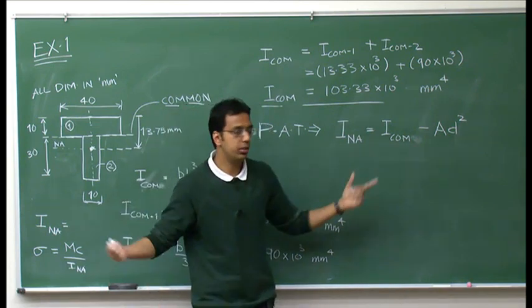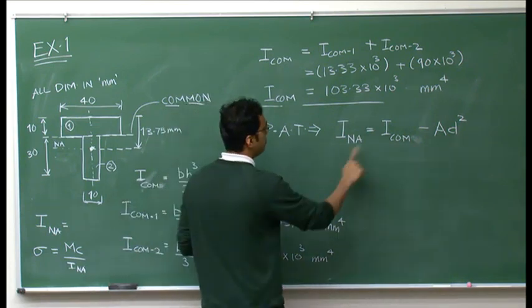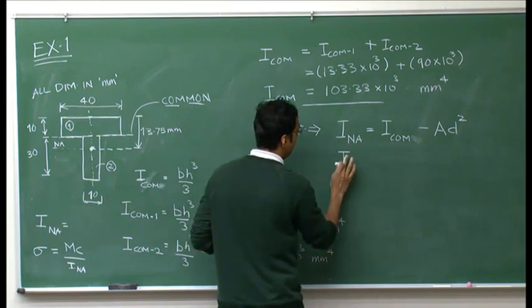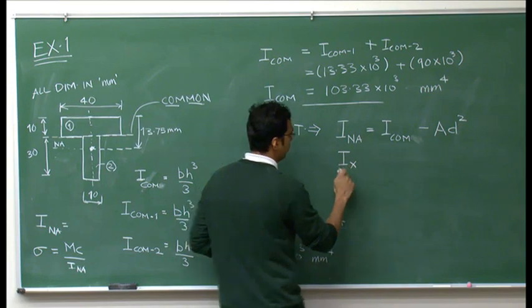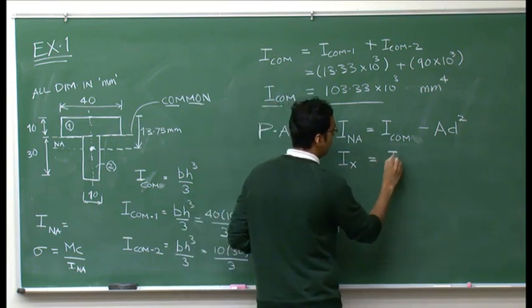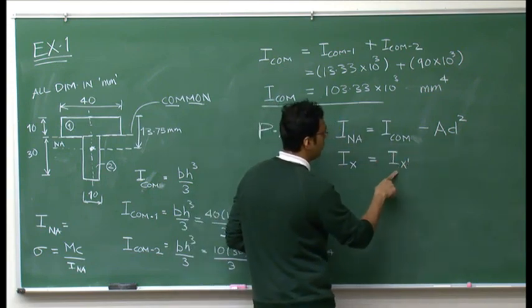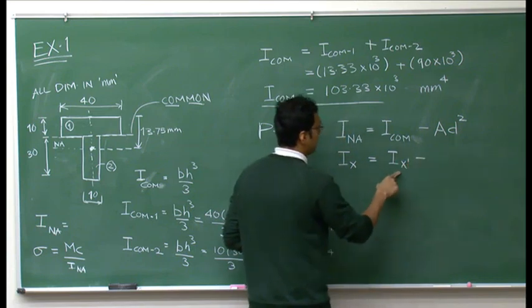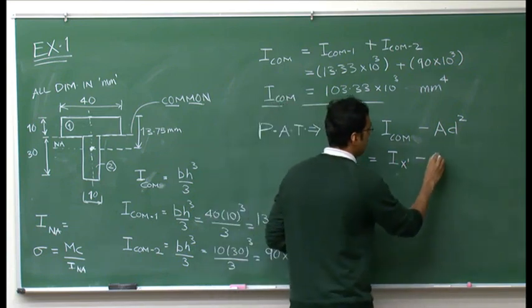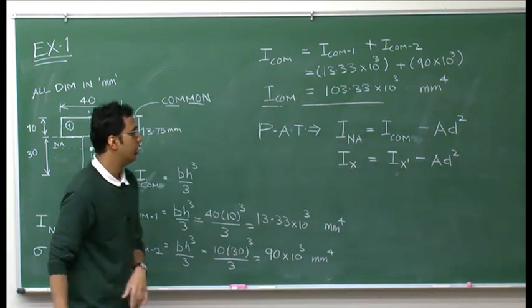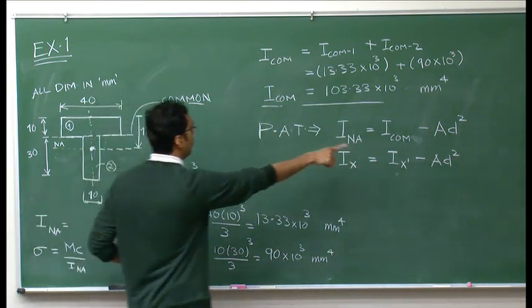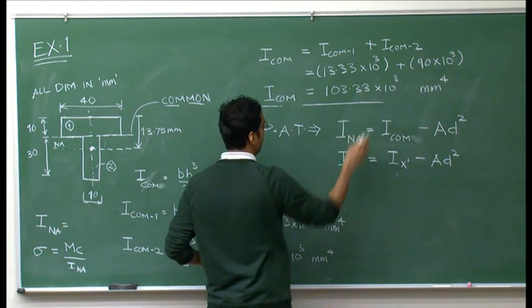This is something that we discussed in the previous video. If you are confused with the notations, I_x, which is the centroidal axis, is equal to I_x prime, which is an axis which is not the centroidal axis, minus A d square. So we know I_COM here, which is 103.33.